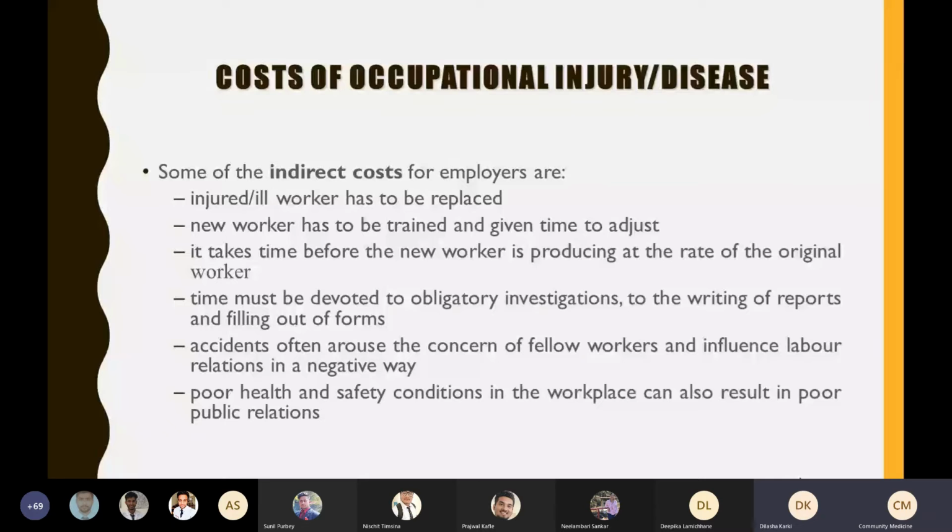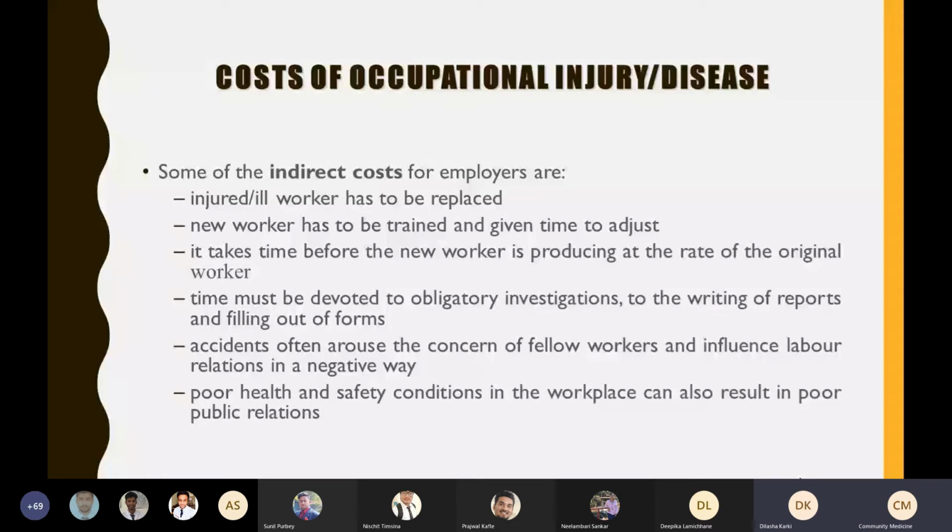That new person has to be trained in what to do in that work. And definitely while giving the training, there will be a waste of time for the industry. Also, when the new person comes to the working environment, there will be an effect on production; the production will be decreased by the new worker in the early phase.